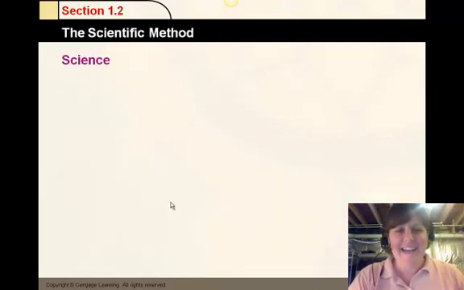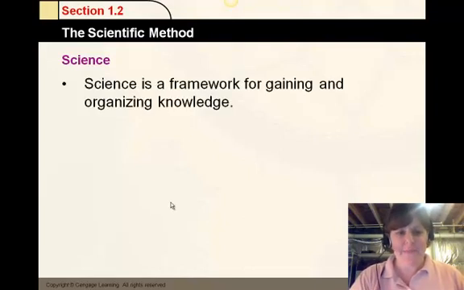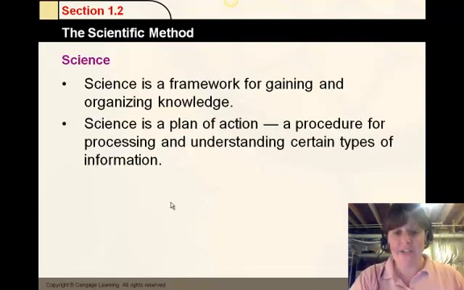The scientific method, obviously all science that you have done at Garrison or before deals with the scientific method, that orderly process. It's a framework for gaining and organizing knowledge. It's a plan of action, a procedure for processing and understanding certain types of information. We'll be doing lots of that, doing lots of labs.